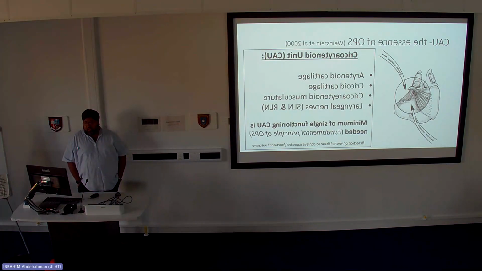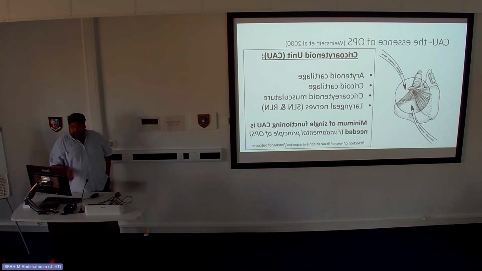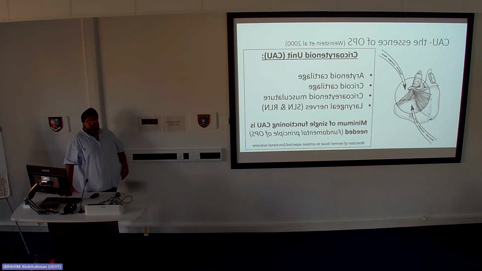This is the absolute essence of the Weinstein book, yeah, from the larynx point of view. So we're going to talk about the cricothyroid unit. So for a larynx to function with organ preservation surgery, as an absolute minimum, you have to have one cricothyroid joint unit working.